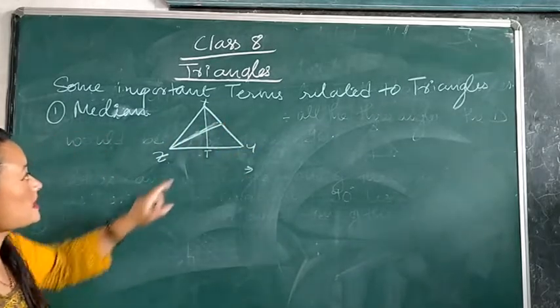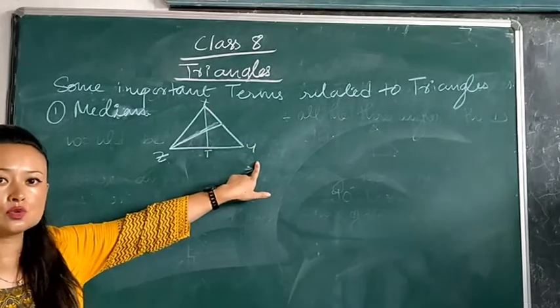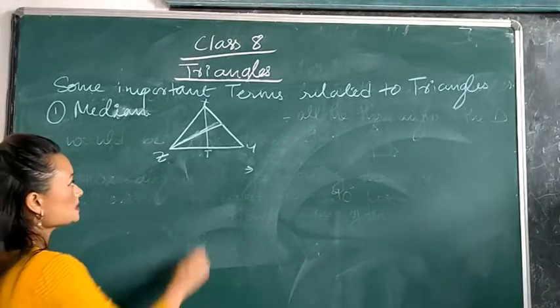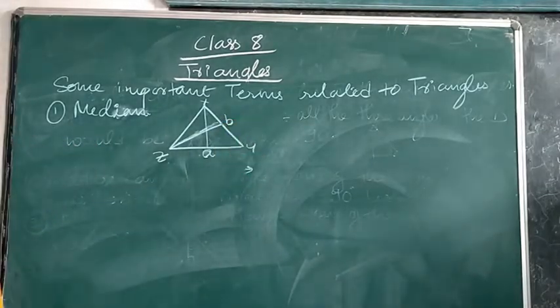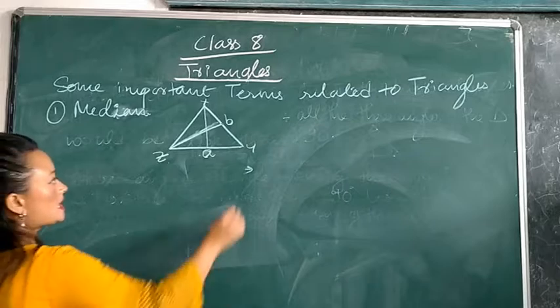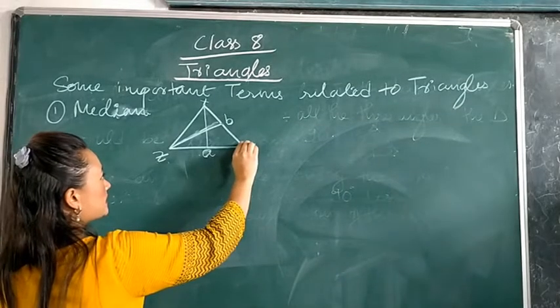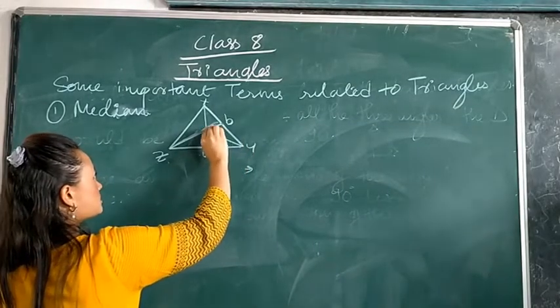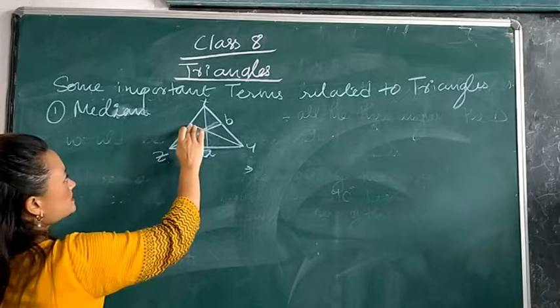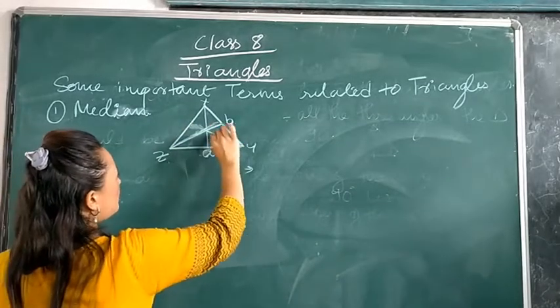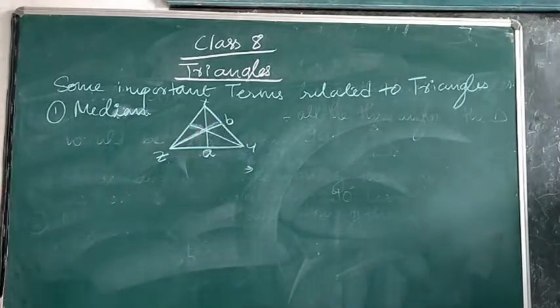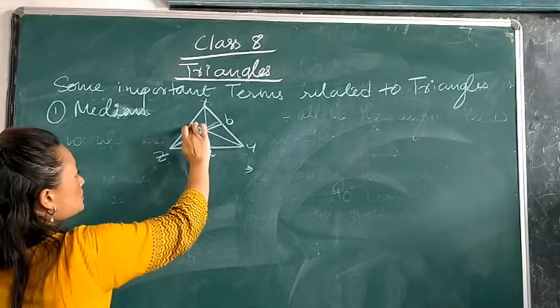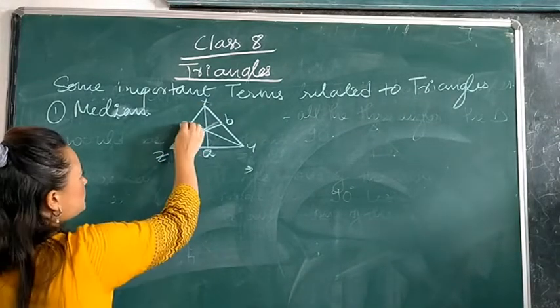It divides XY into two equal halves, and let it be ZB. And from Y, again I draw a line segment such that it divides the opposite side, which is XZ, into two equal halves. Let's name it C.